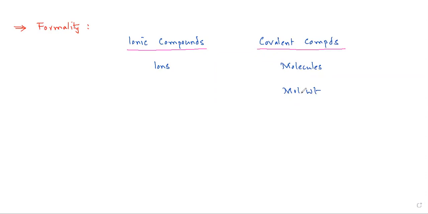Okay. And in case of ionic compounds where you don't have molecules, rather you have oppositely charged ions, it is not proper to say molecular weight. It is proper to say formula weight or, of course, ionic weight.